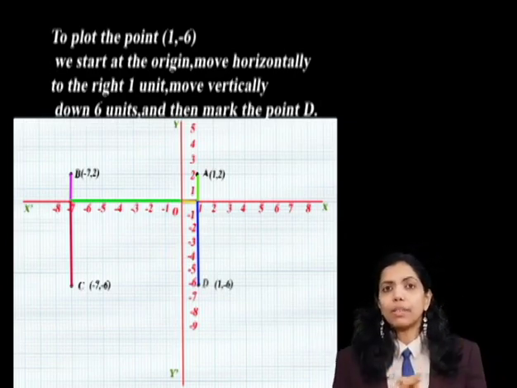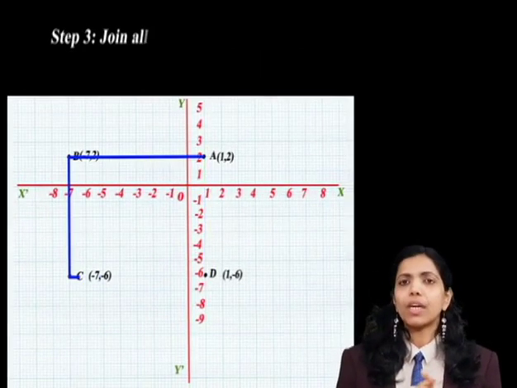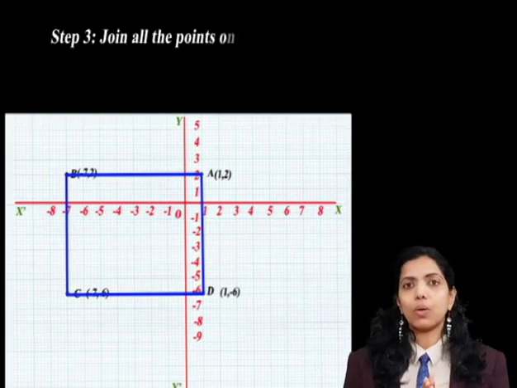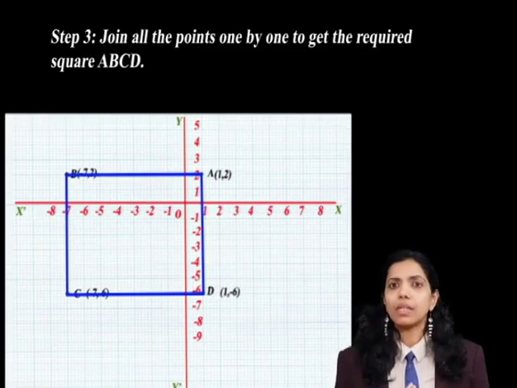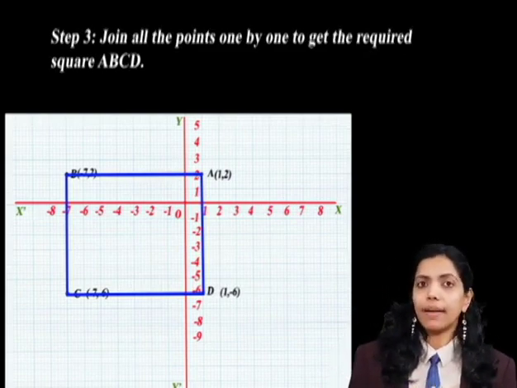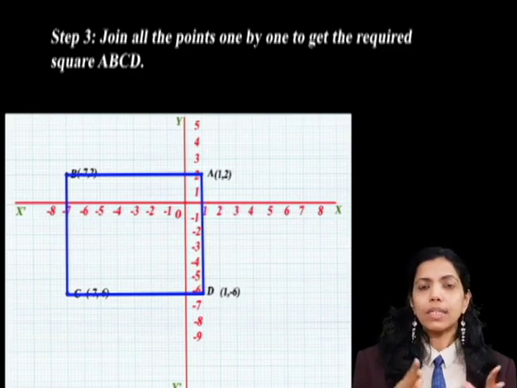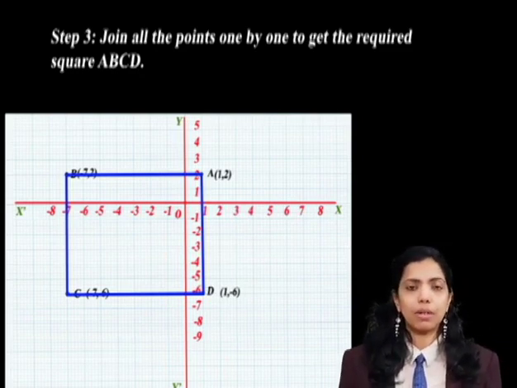Once we plot all the points A, B, C and D on the graph paper, we can join all the points one by one to get the required square ABCD. Now, in the question it is given, find its area also. So, what is the formula for the area of a square?